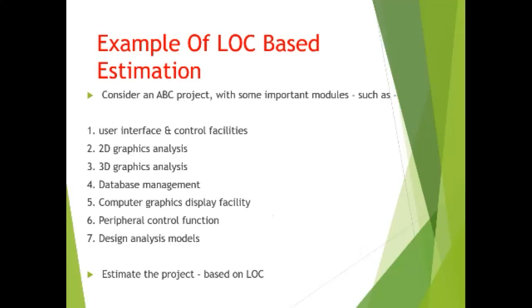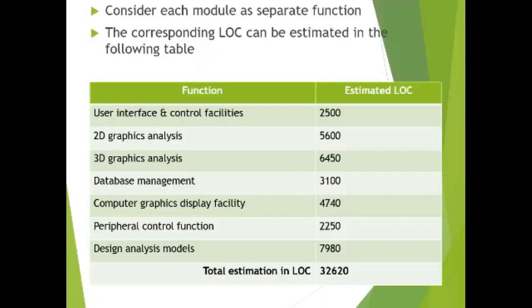Example of LOC-based estimation: consider an ABC project with some important modules, such as first, user interface and control facilities; second, 2D geometric analysis; third, 3D geometric analysis; fourth, database management; fifth, computer graphics and display facility; sixth, peripheral control function; seventh, design analysis module. Next, estimate the project based on LOC.